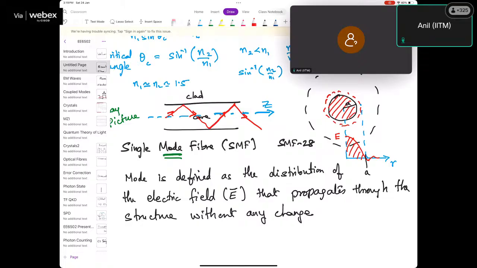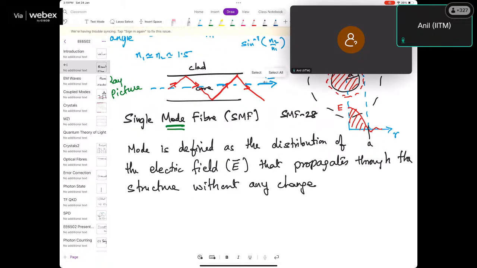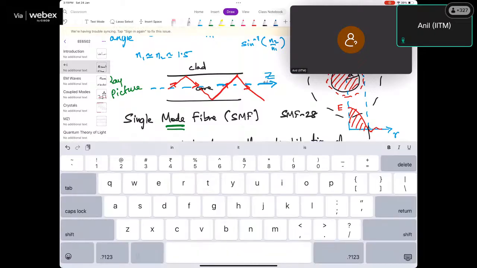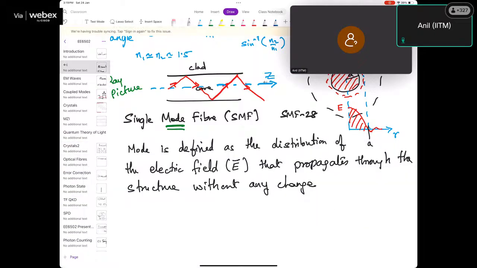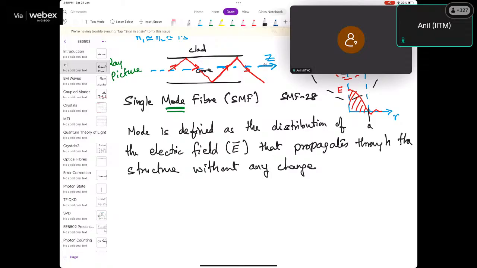Most of the electric field will be within this region out here, and it can be plotted along the radius, and it will look something like this, and it will continue to propagate forward along the Z direction, right? Okay. Now, hopefully we understand what a mode is.